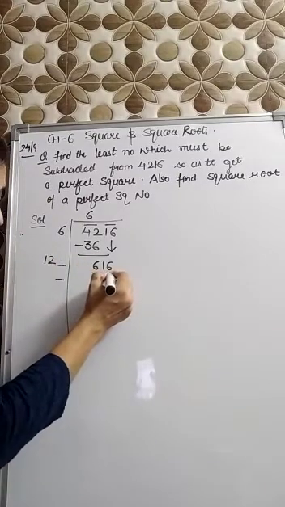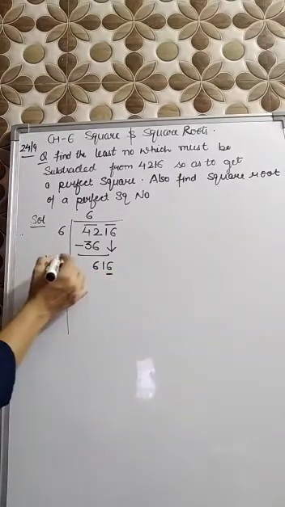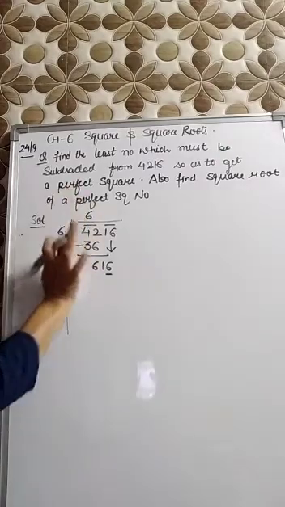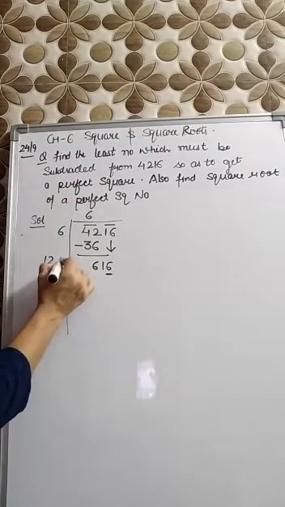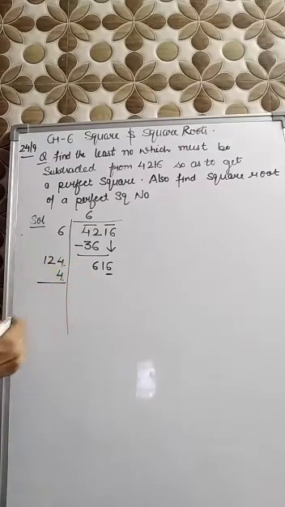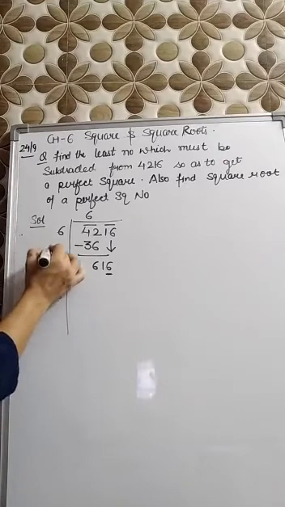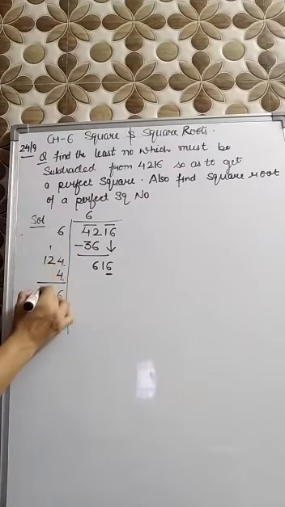So we want 6 here. When you will get 6, either you will write 6 6 are 36 or you will write 4 4s are 16. So let me check which is more suitable. When you multiply this, what you will get? 4 4s are 16, 4 2s are 8 plus 1 9, 4 1s are 4.